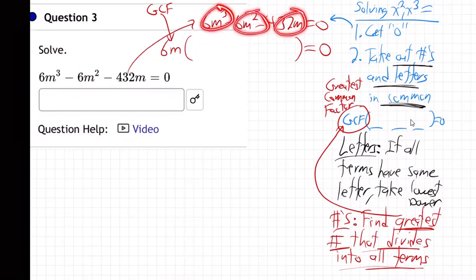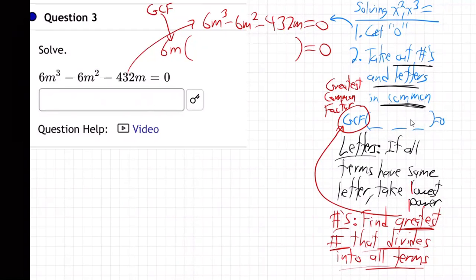They all have at least 1 M. If this was M squared here, then I would have put M squared in the front, because then they would have all had at least M squared or more, right? That's what I said here, lowest power. So in that case, M squared would have been the lowest power, but it's not. The lowest power is just regular m.